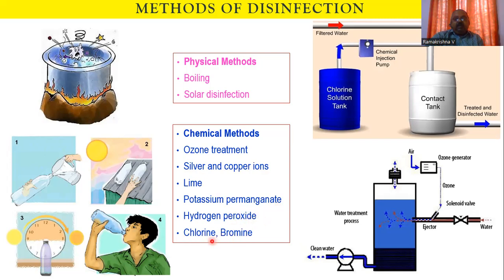Chlorine and bromine are used too; chlorine is predominantly used and bromine occasionally. When using chlorine, we make a solution with the chlorine and keep it in a contact tank, and the filtered water goes out from the contact tank.